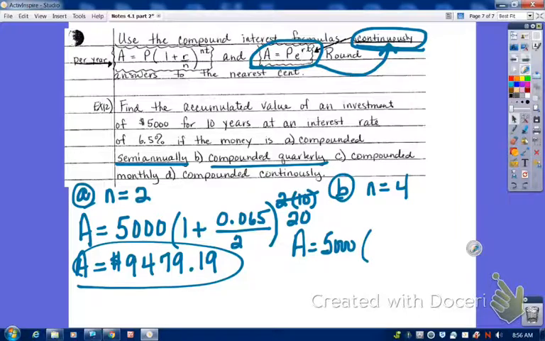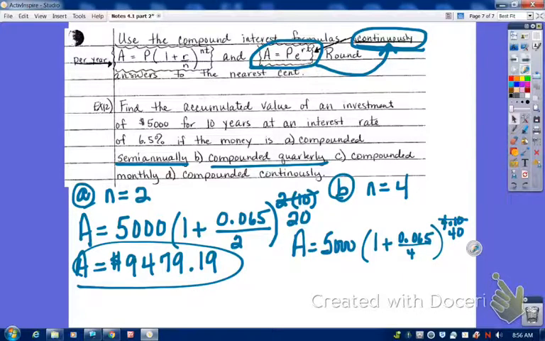All right, so the only thing that's going to change is that 2 is going to change to a 4. So then it's going to be 4 times 10. And then I would go ahead and do that in my head and get 40 there. And then put that in your calculator.